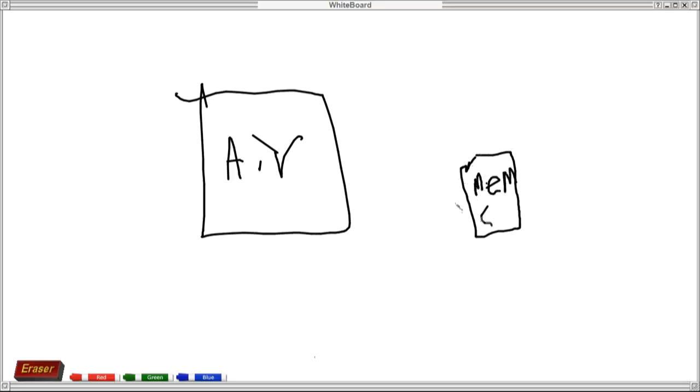Okay, let's say it's an SD, a crappy looking one. Let's say you're some guy that wants to protect this stuff from, let's say, the FBI, like Apple.